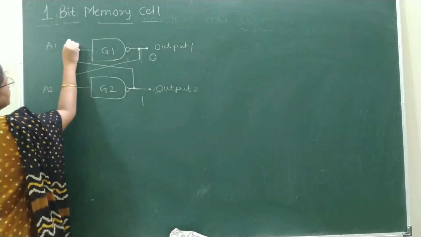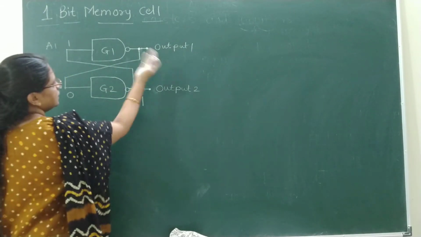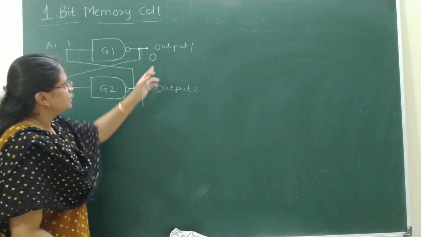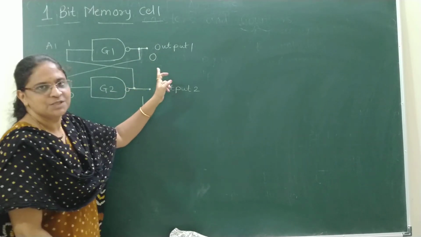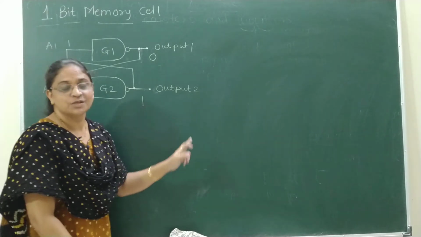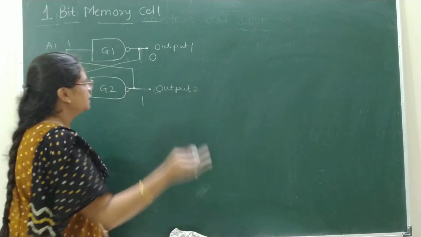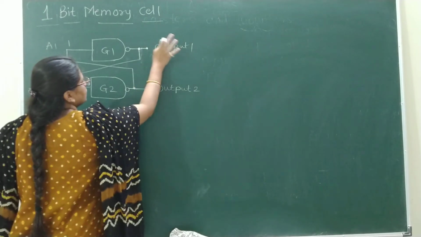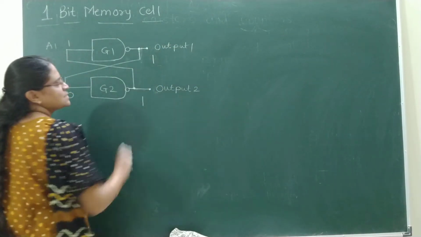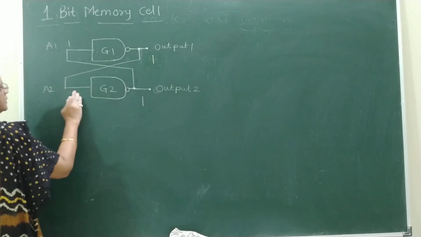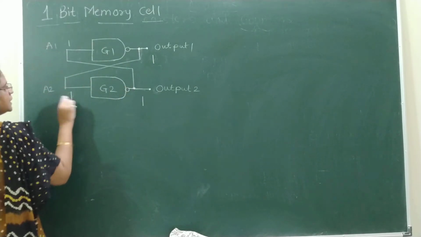Then this high input appears in inverted form, that is low output. So what do we observe? When we consider output 1 to be 0, then output 2 results as 1. That is exactly the opposite state. But you may say, no, let's consider output 1 as 1, high state. Then again the A2 input becomes 1.